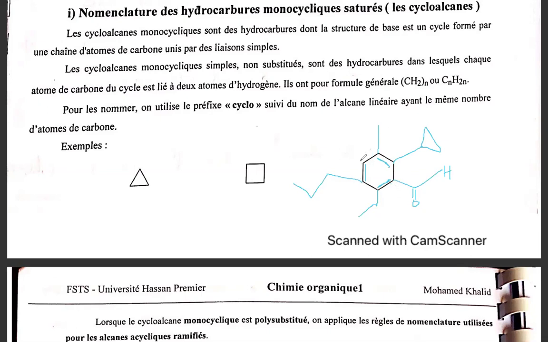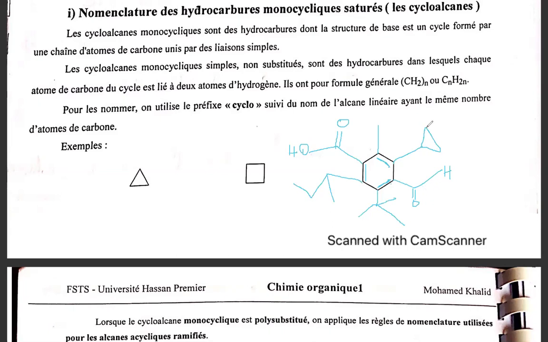Then if we include something like that, hydrogen and oxygen, it becomes a carboxylic acid, and everything here becomes a substituent.